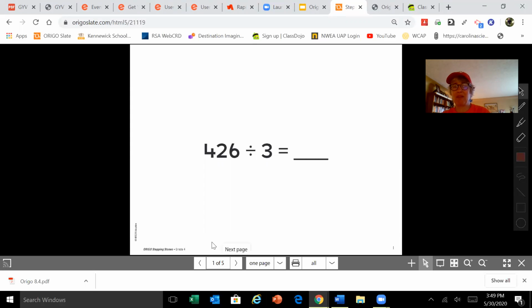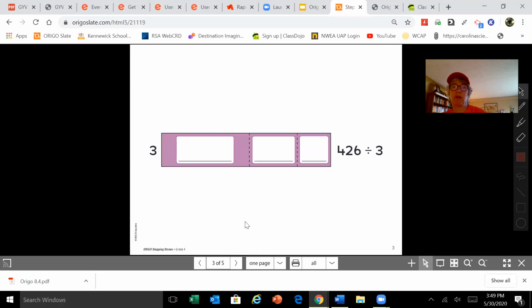It's actually going to give us an answer, 142. So what this tells me is that this number goes in evenly. But let's go on to the next slide and see how it can help us think about this.